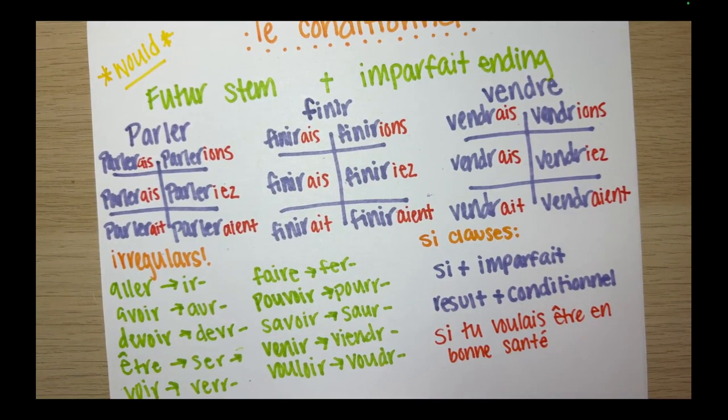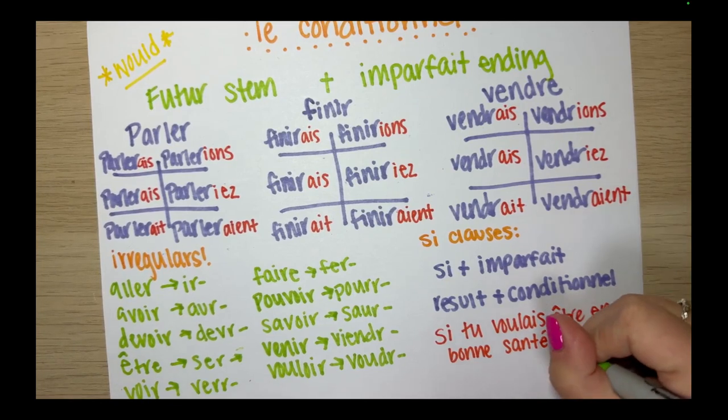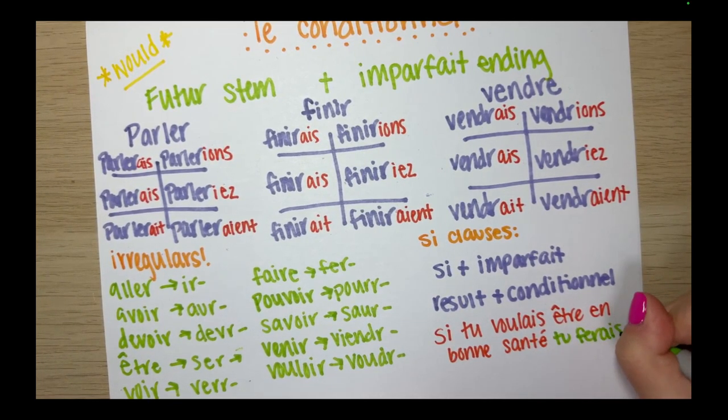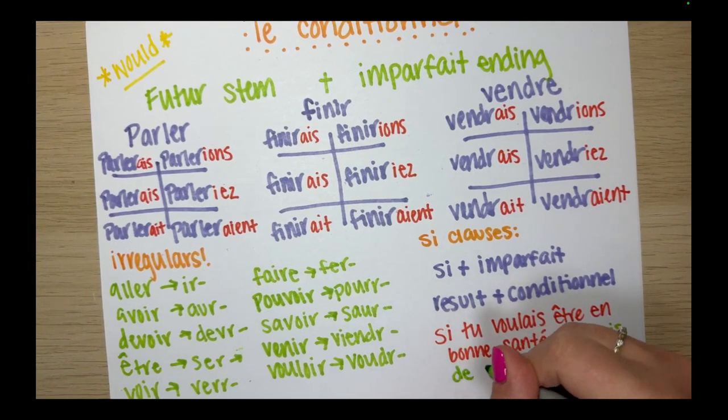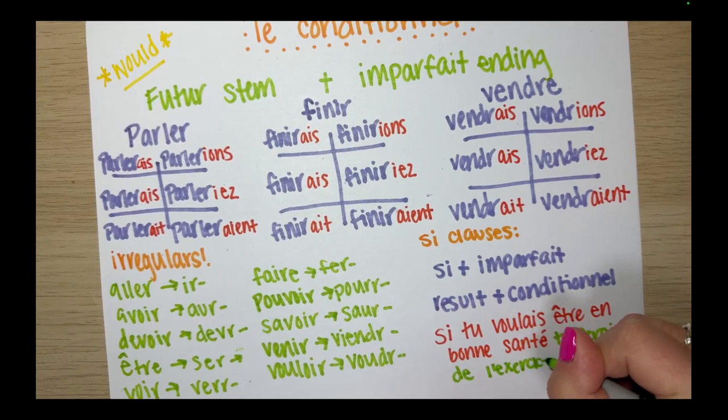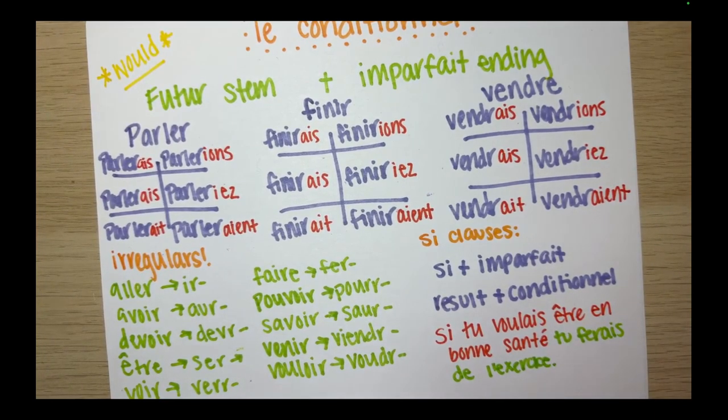So, si tu voulais être en bonne santé, tu ferais de l'exercice. So, if you want to be in good health, you would do exercise. That would do is our conditional en vert in green. So our imparfait phrase is in orange, and then our conditional phrase is in green down here.